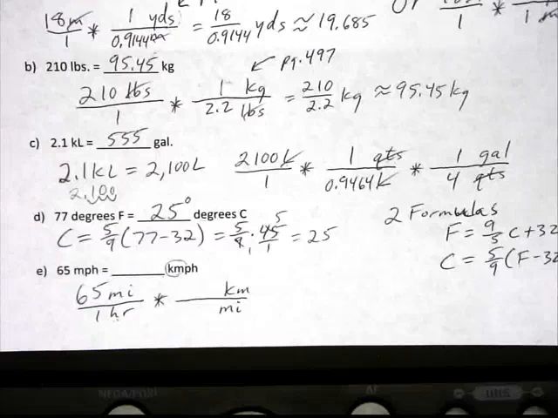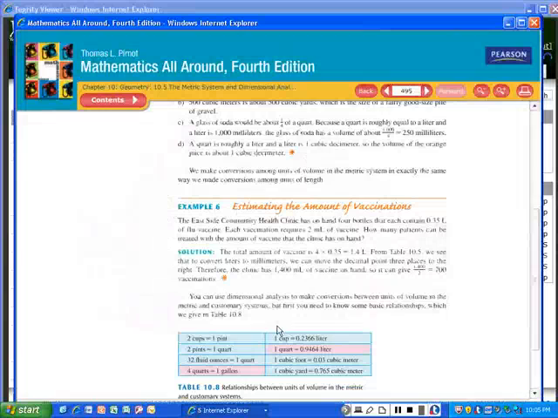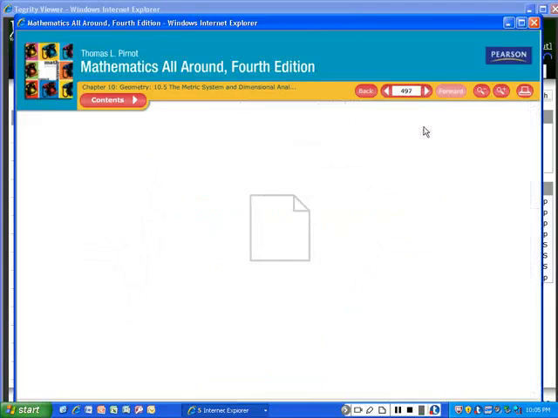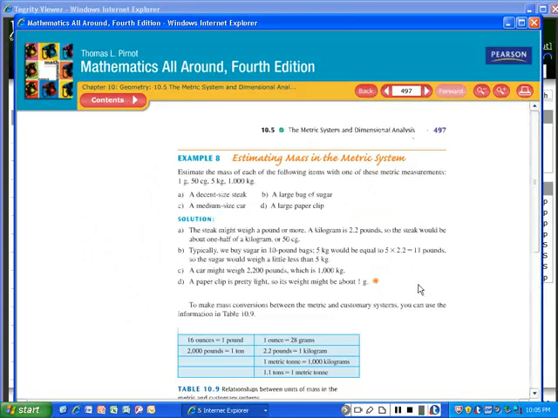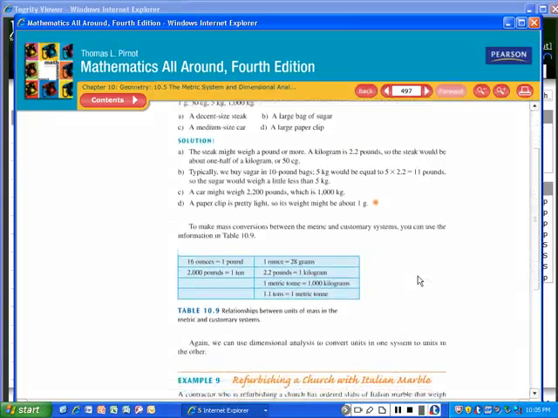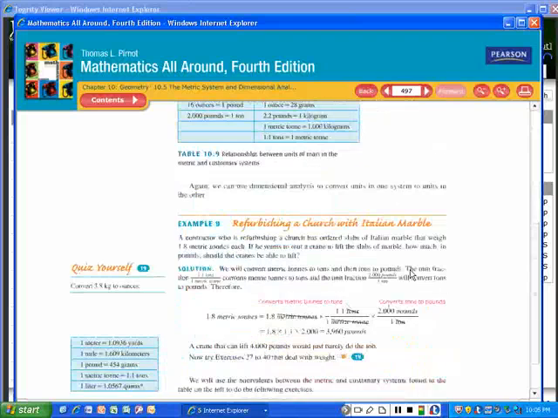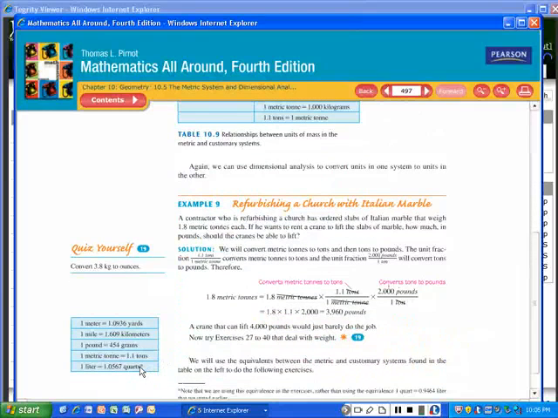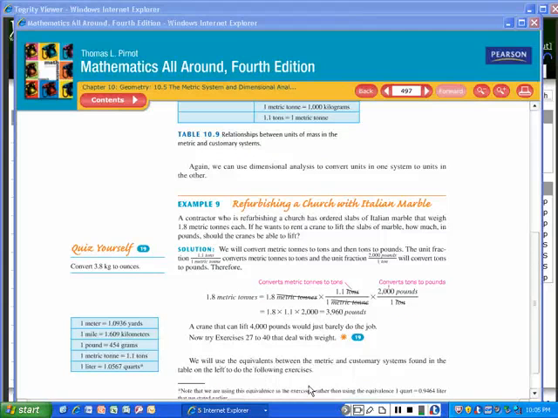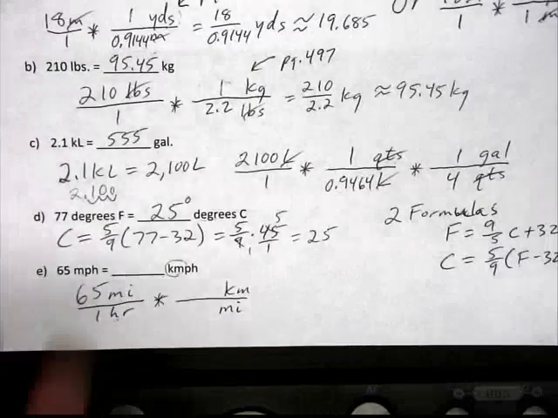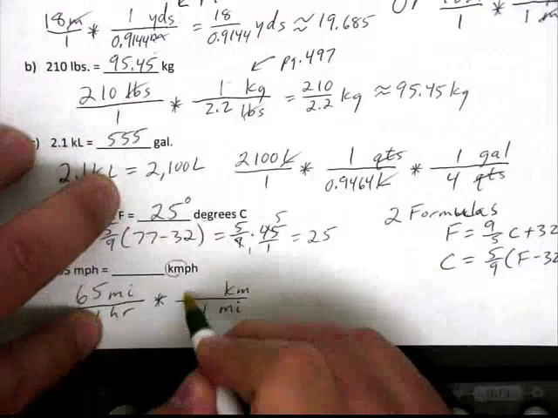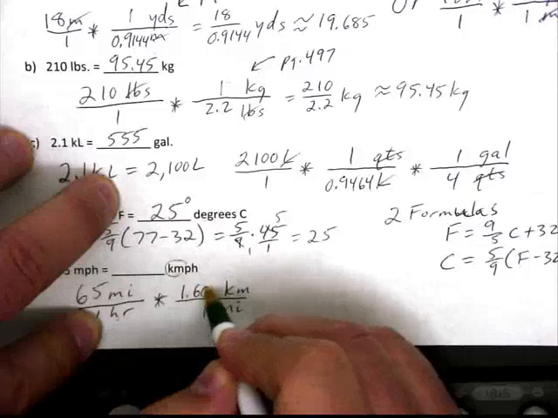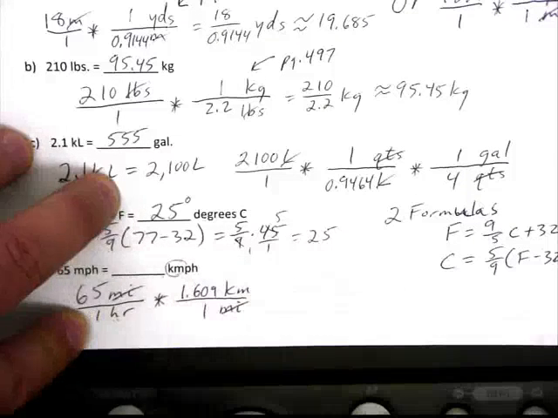So if I go back to the book, to page 497, and go down to the bottom here. Here we have 1 mile equals 1.609 kilometers. Perfect. Just what we need. So I'm going to take that back, put it in. 1 mile is equal to 1.609 kilometers.